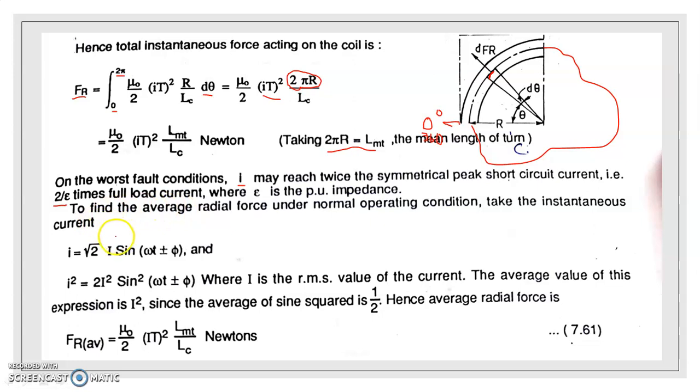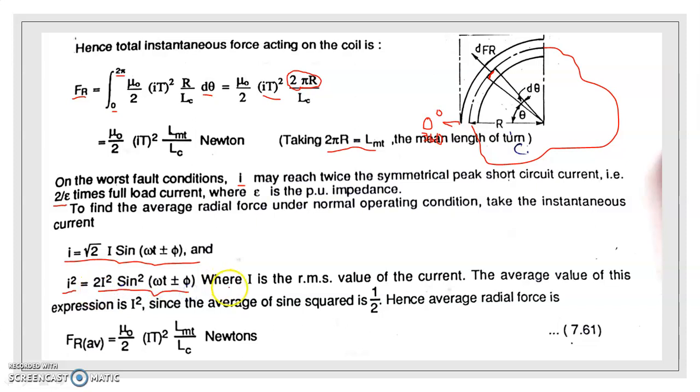To find the average radial force under normal operating condition, you can consider the instantaneous current i as root 2 I into sine of (omega t plus minus phi), and i square, because we defined the radial force as proportional to the square of the current, is 2 I square sine square of (omega t plus minus phi).